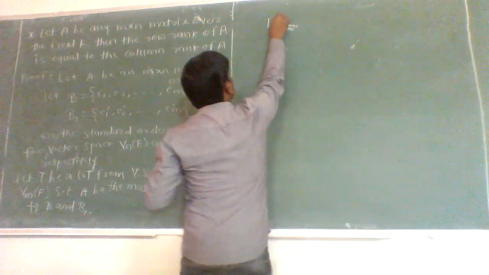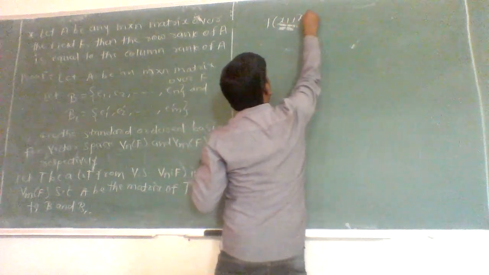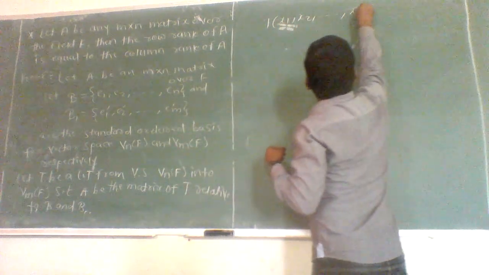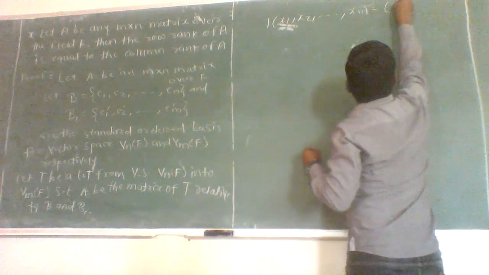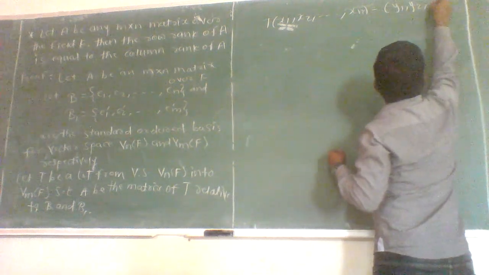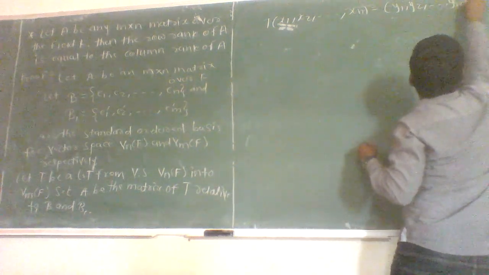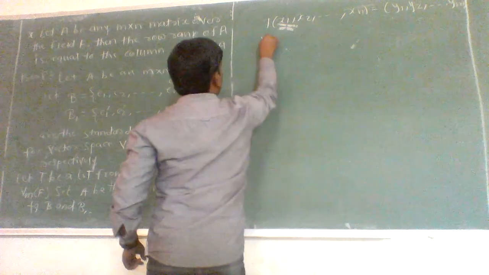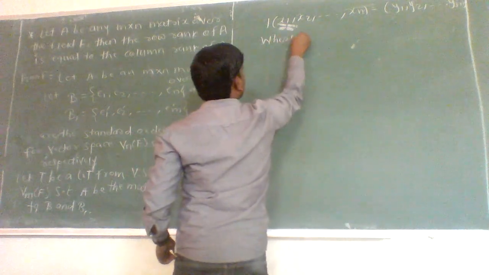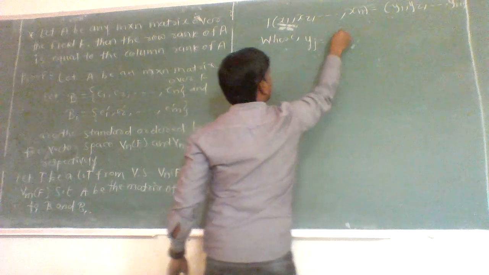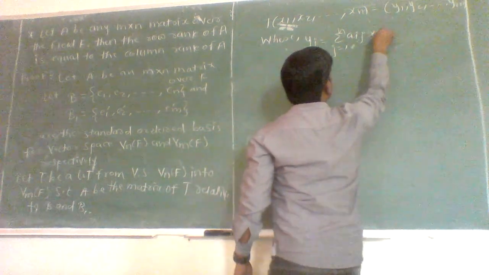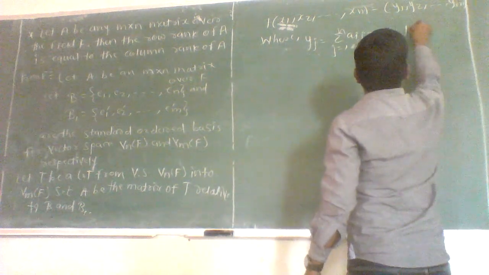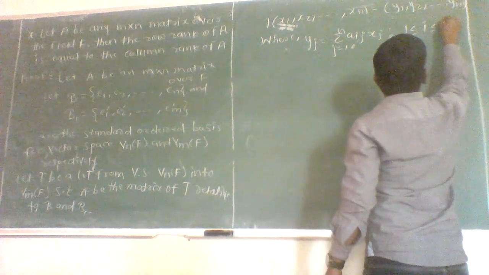Therefore, from this we conclude that T of x1, x2 up to so on xn equals y1, y2 up to so on ym, where each yi equals summation j running from 1 to n of aij xj, and i lies between 1 to m.